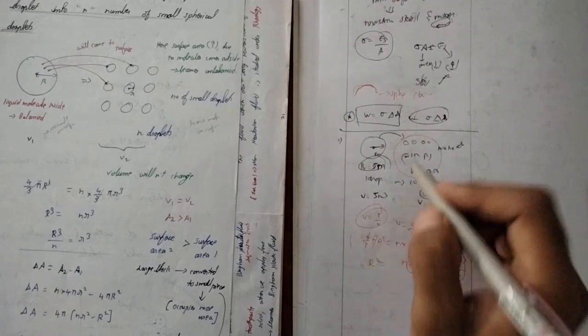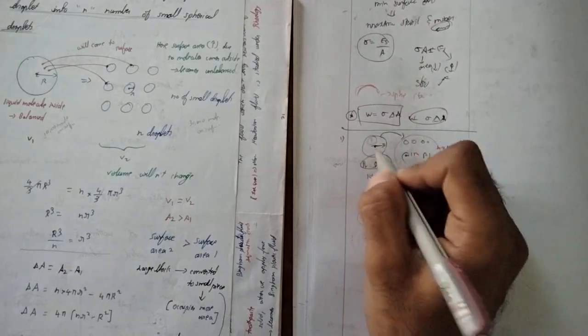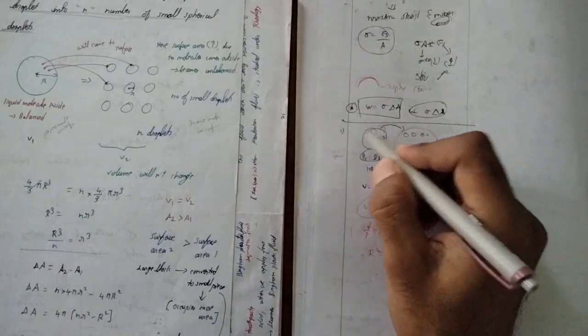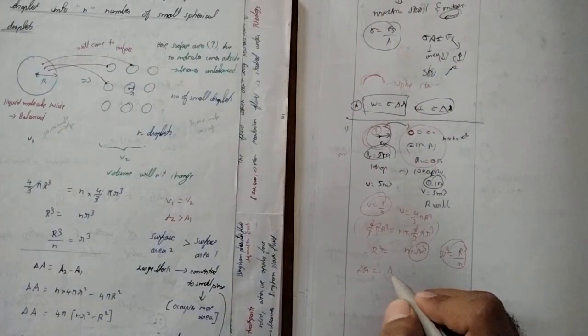The next thing is that the area has changed a little. Here the area is much bigger, here the area is much smaller. So we are comparing one big drop with respect to the small drops. Change of area equals area 2 minus area 1.